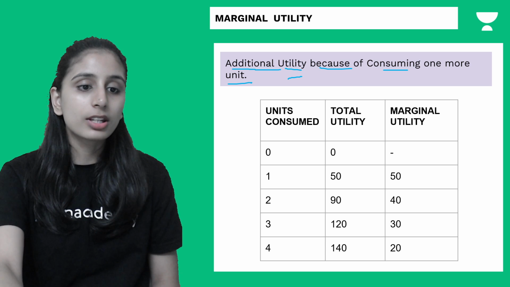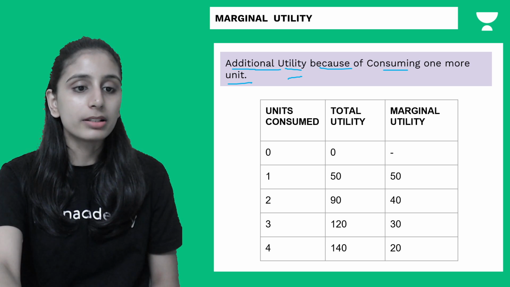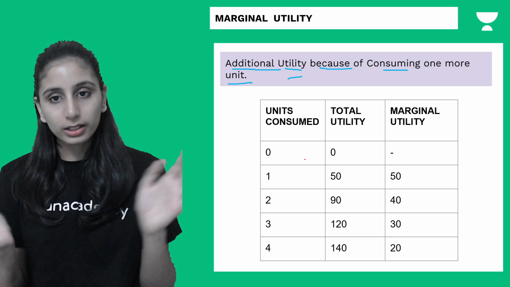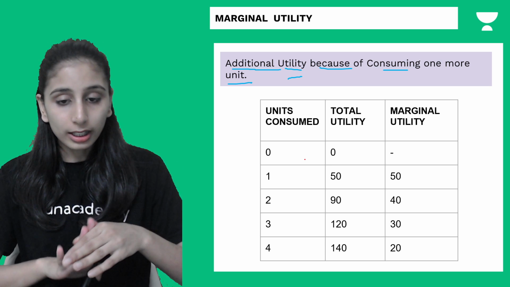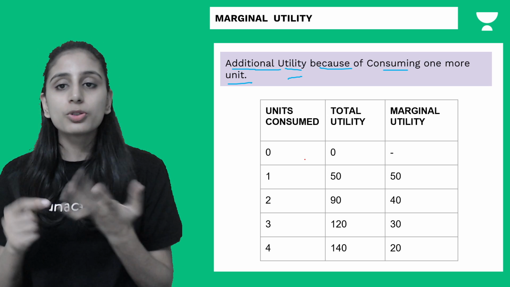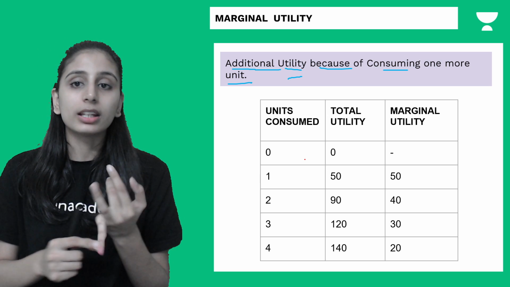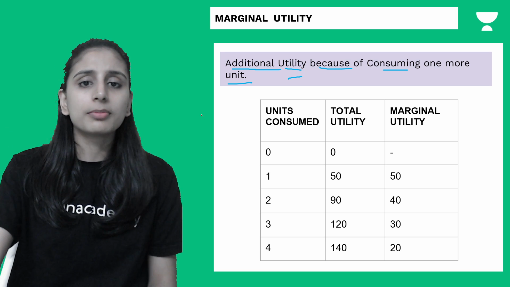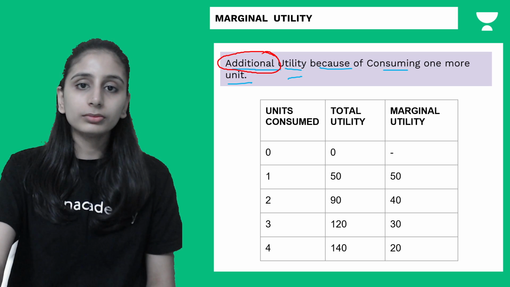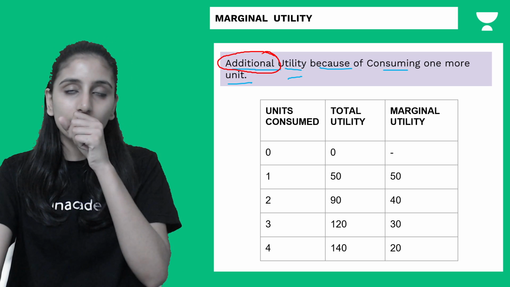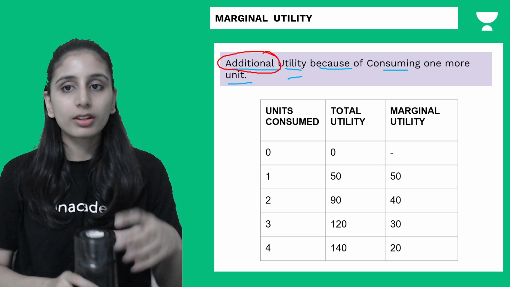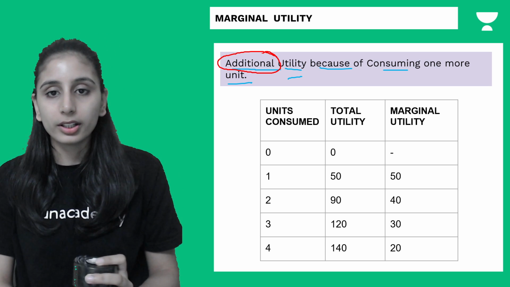Simply, if I have already consumed 3 apples, ठीक है, so how much additional utility do I get for consuming the 4th apple? अगर मैंने 4 एप्पल्स पहले से ही कंज्यूम कर लिए तो मुझे 5th एप्पल कंज्यूम करने के बाद जो एडिशनल सेटिस्फैक्शन मिलेगी, द मोस्ट इम्पोर्टेंट वर्ड हियर इज एडिशनल. जो मुझे एडिशनल यूटिलिटी मिलेगी, दैट इज माय मार्जिनल यूटिलिटी. ऑलराइट.